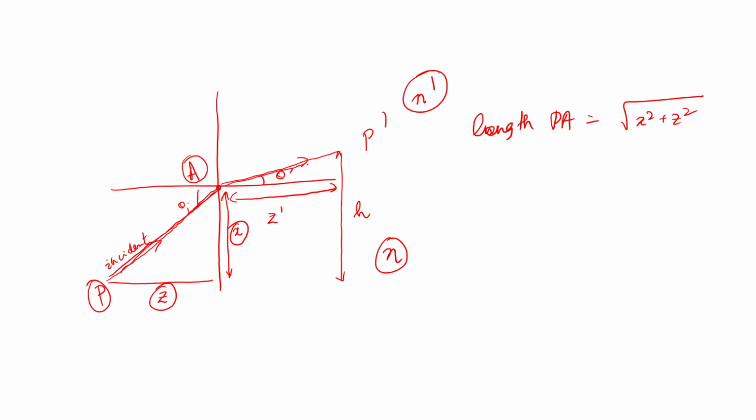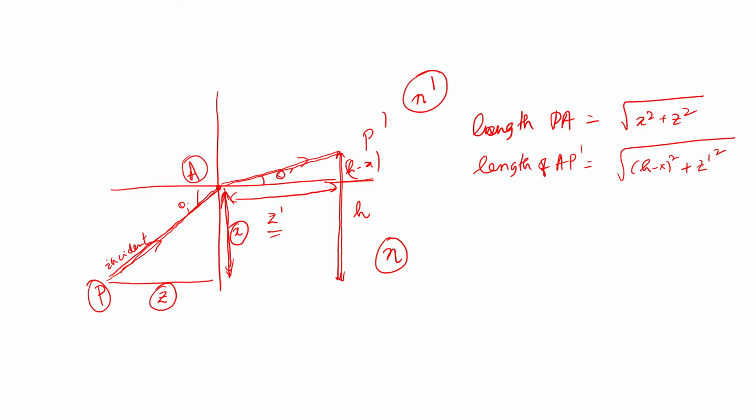Similarly, length of AP prime would be, this height is H, but I have to knock off X from it. So I would get H minus X here, and this is Z prime. So I would have the square root of H minus X square plus Z prime square.